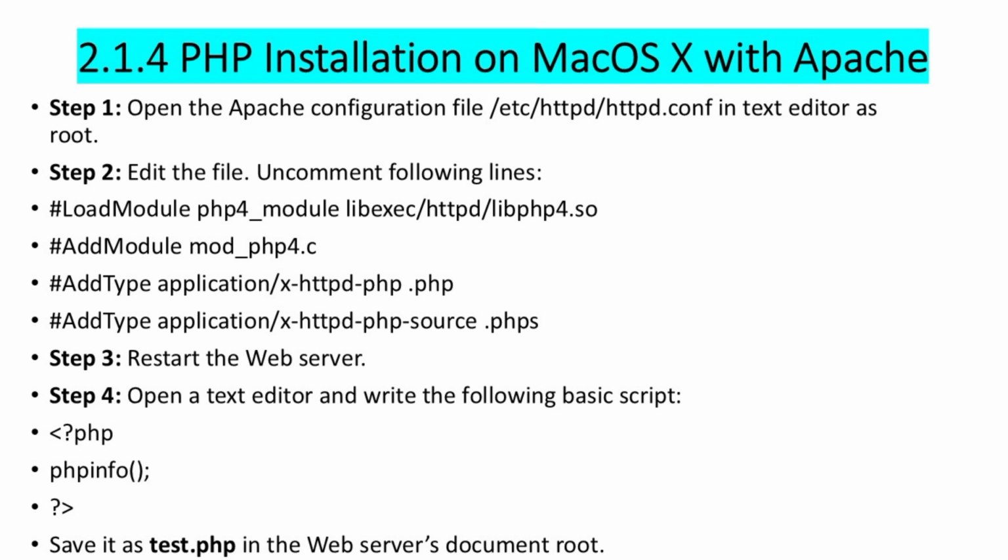Step 2. Inside this file, locate a few specific lines related to PHP and remove the comment symbol, which is the hash sign, from the beginning of each line. Uncommenting these lines enables PHP support within Apache.